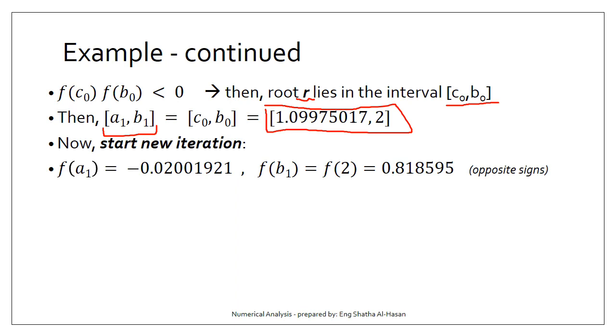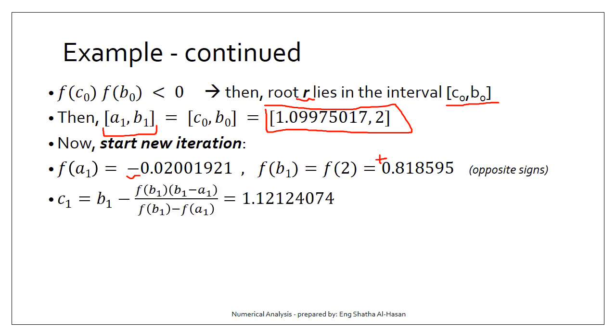Now we will start with a new iteration. We will check again if f of a1 and f of b1 have opposite signs. We have f of a1 negative and f of b1 positive, so it is correct. Now let us calculate the new value for C1 by applying the same equation with the new interval: B1 minus f of B1 times B1 minus A1, divided by f of B1 minus f of A1.